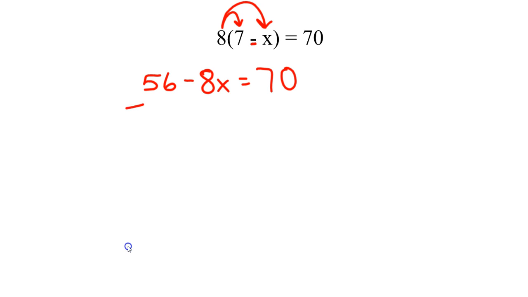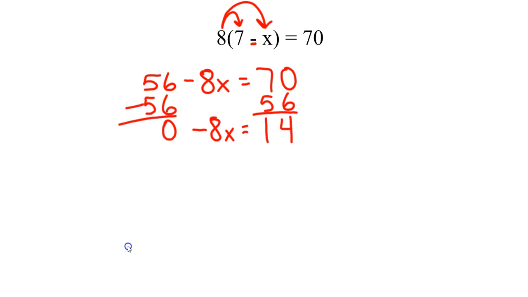To get rid of that, subtract 56. These two cancel out. I can bring down my negative 8x. On the right hand side, I've got to do that same exact thing. If I subtract those two, 70 minus 56 gives me 14. So now I'm left with negative 8x equals 14.